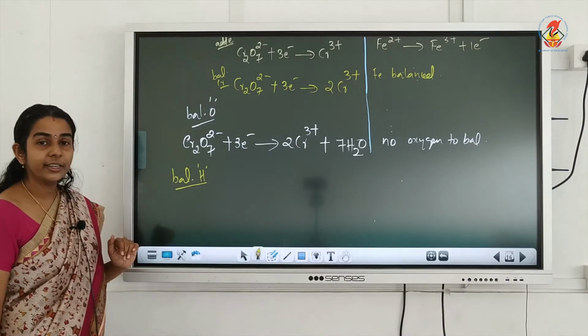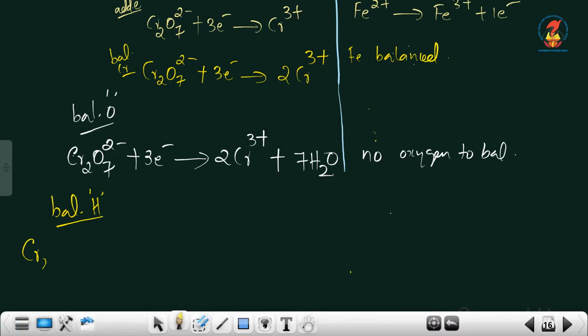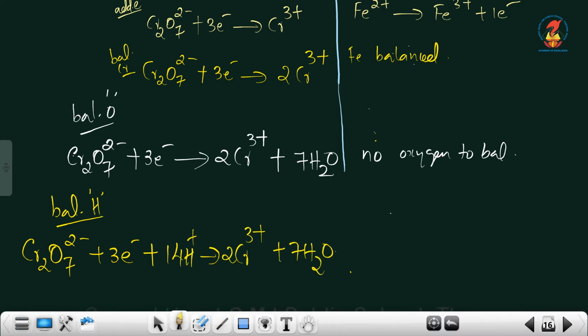So on the left hand side we have 14 hydrogen shortage, so the equation becomes Cr2O7 2 minus plus 3 electrons plus 14 H plus giving 2Cr3 plus 7 H2O. Hydrogen is balanced. So don't forget, this is our equation.